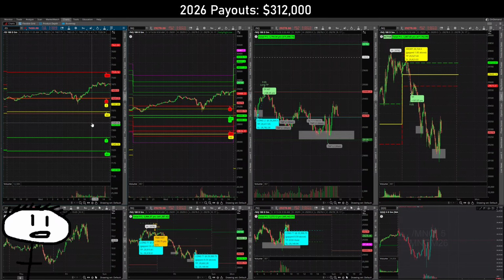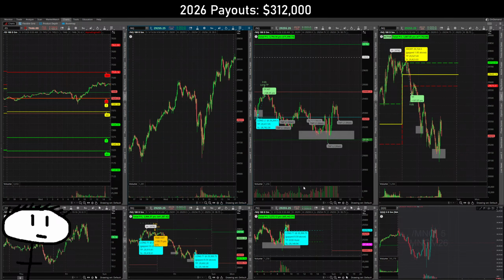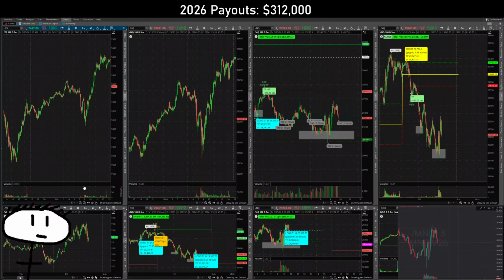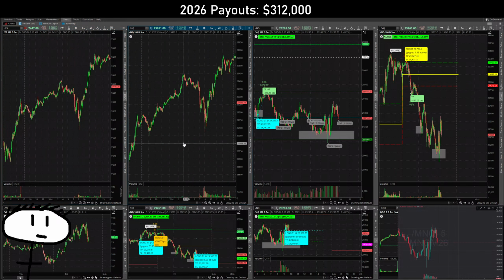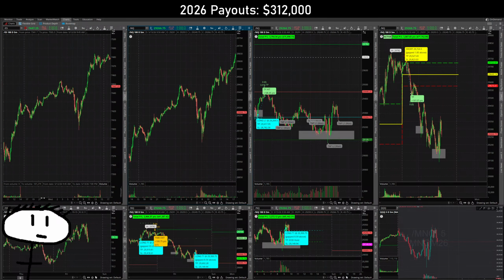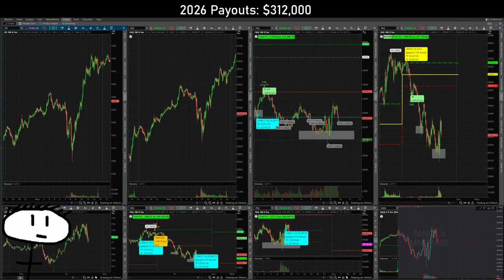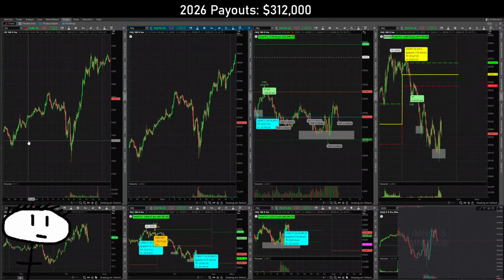Let's see if we can find the weaker pair. I have too many lines in the way. I've got to get rid of these lines. Okay, so both 5-minute on this day. Let's see if we can find the weaker pair.